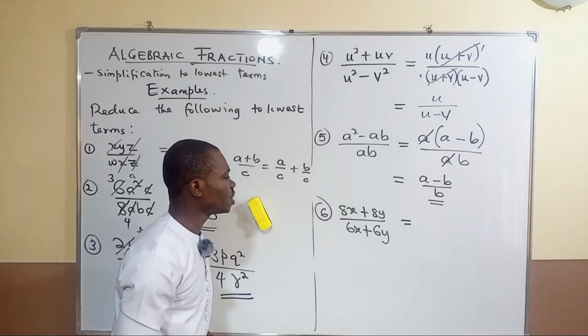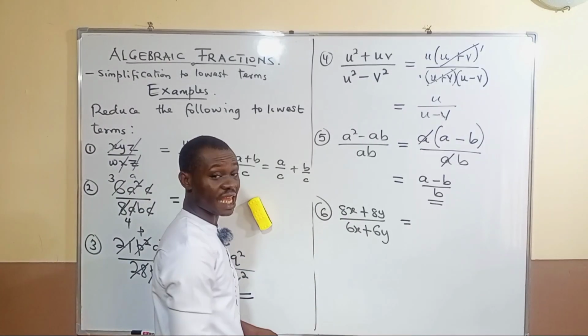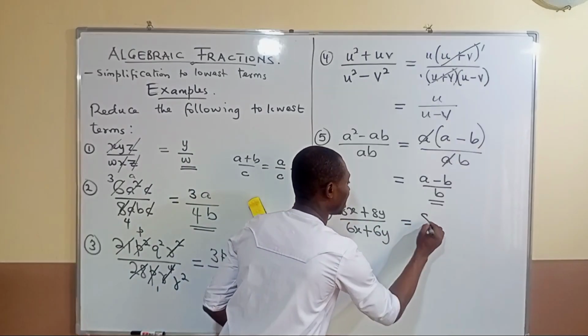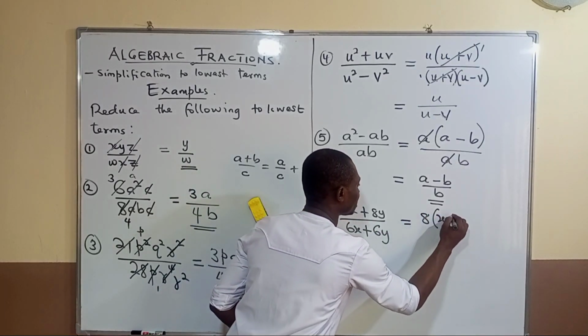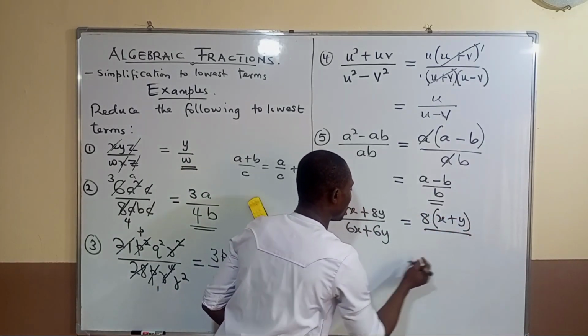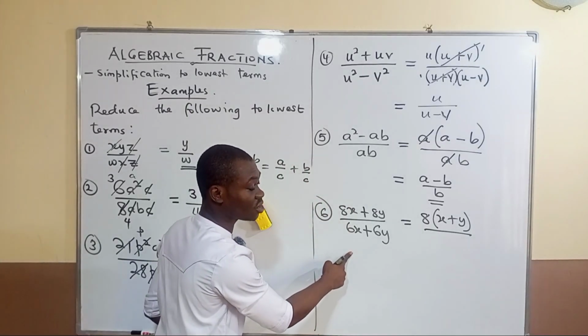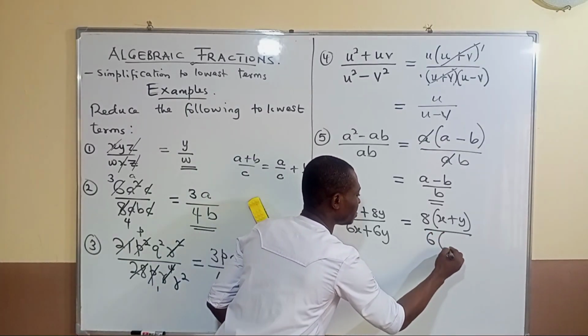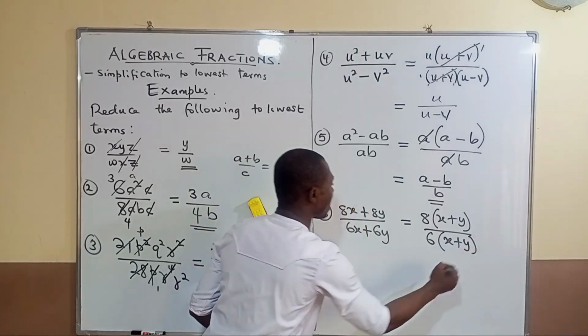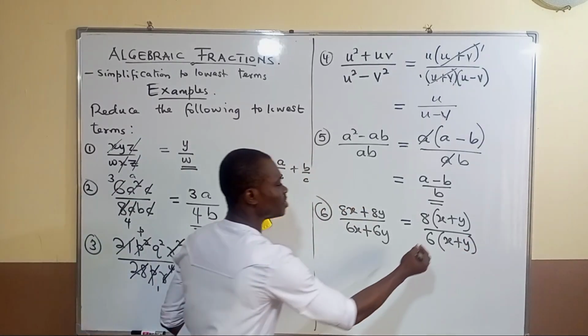So what's the common factor in the numerator? 4. Okay, sorry, 8. 8 can come out here, so I can have 8 into x plus y all over the common factor in the denominator, which is 6. So 6 into x plus y. And you are done. What do you do here?